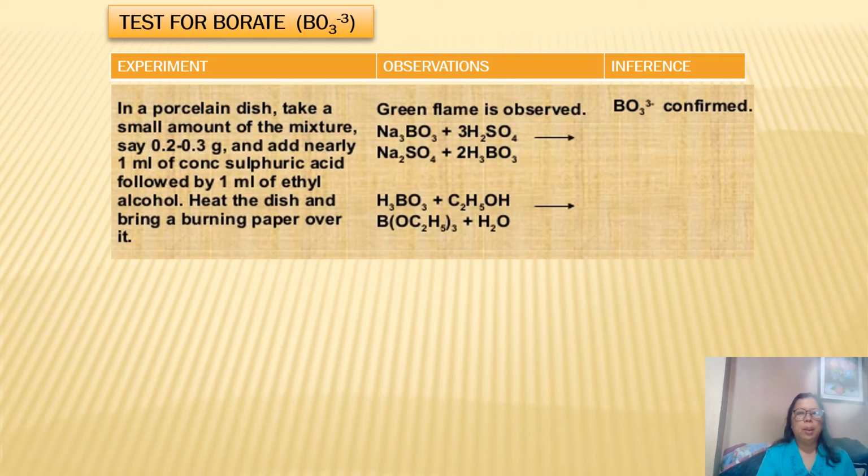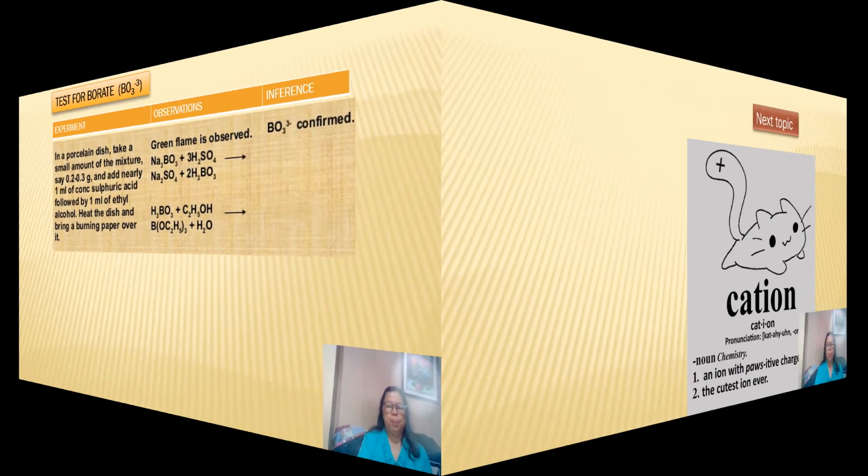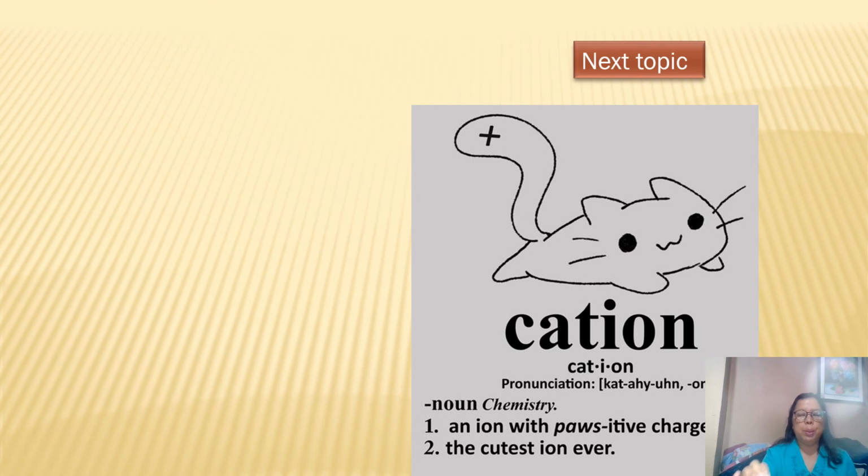And then when the porcelain dish is heated with a burning paper over it, meaning to say you're going to place the burning paper into the porcelain dish or evaporating dish, if a green flame is produced, then you are sure that it confirms borate is present.